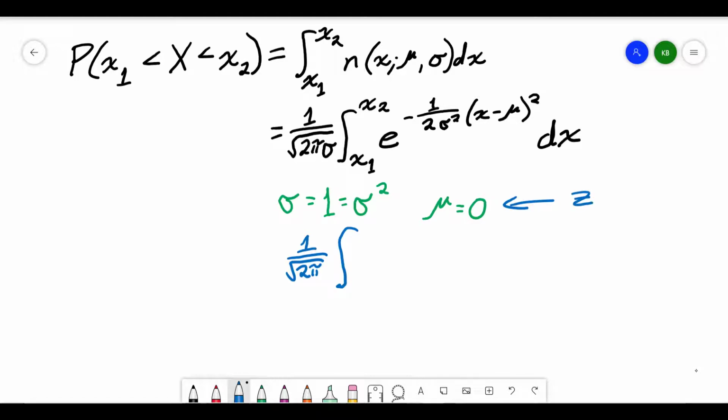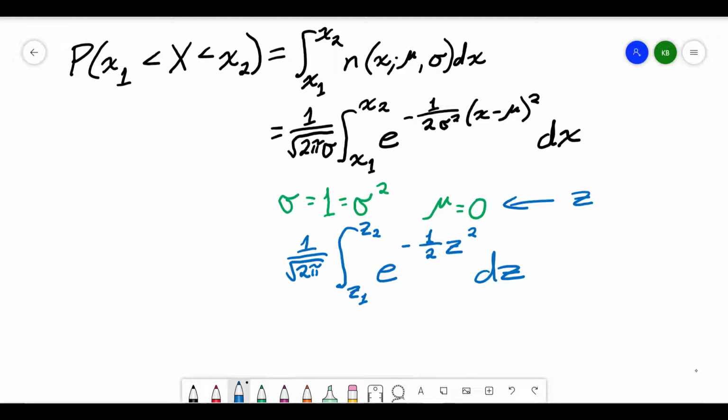We're going from z1 up to z2 of e to the negative 1 over 2 times the variance. Well, that's 2 times 1, so that's negative 1 over 2. And then my variable minus my mean, so z minus 0 squared, which is just z squared, dz. So this is actually an integral that's a whole lot easier to take and work with.